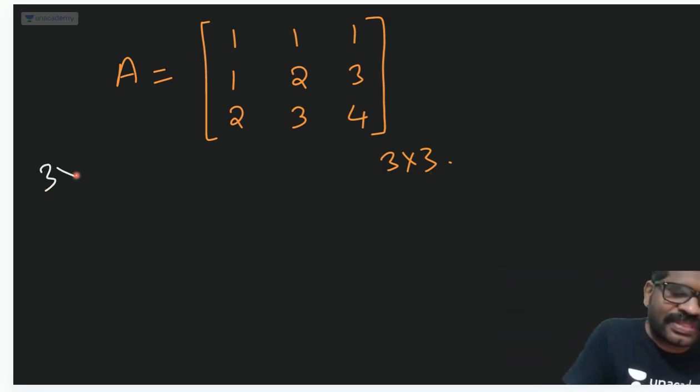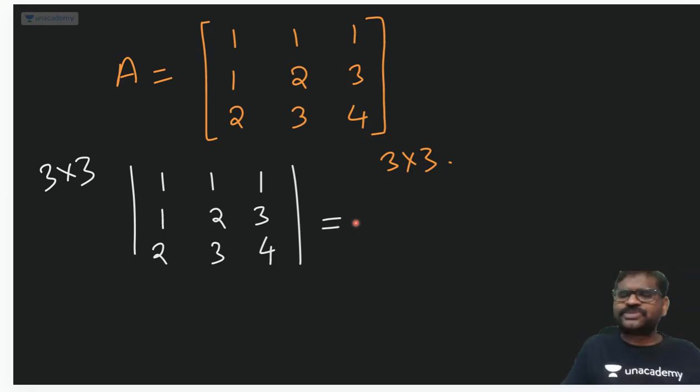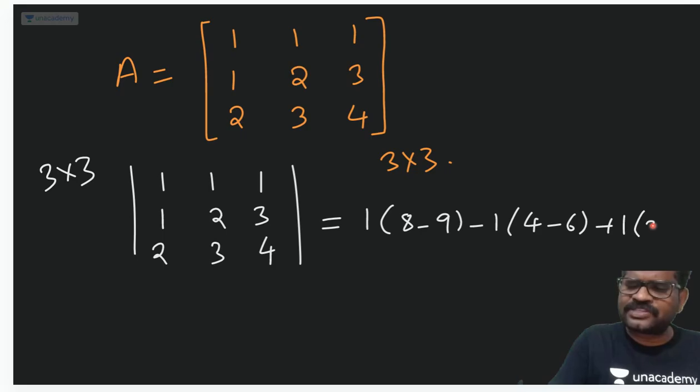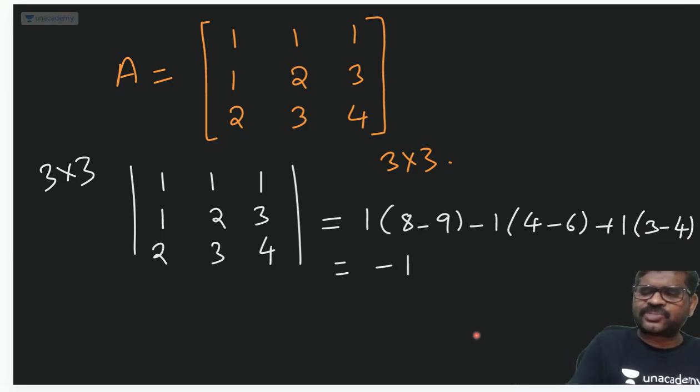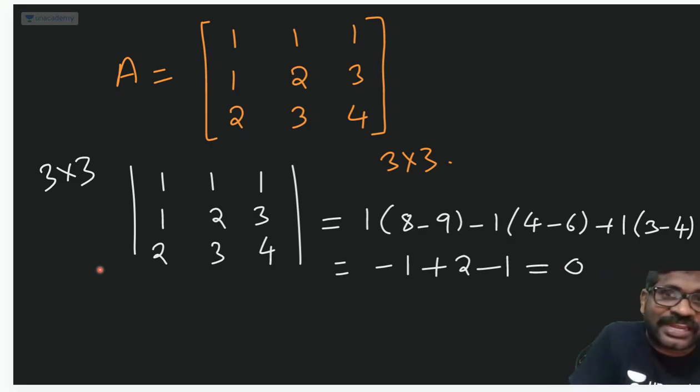Now observe: 1 of (8 minus 9) minus 1 of (4 minus 6) plus 1 of (3 minus 4). That is minus 1 plus 2 minus 1, which is 0. So the 3 cross 3 minor is 0.